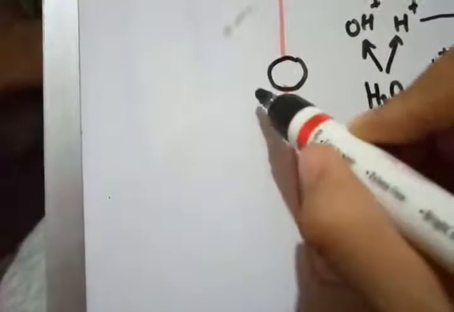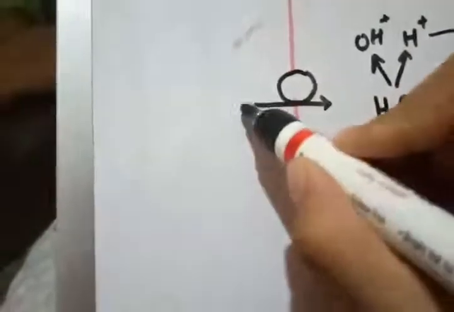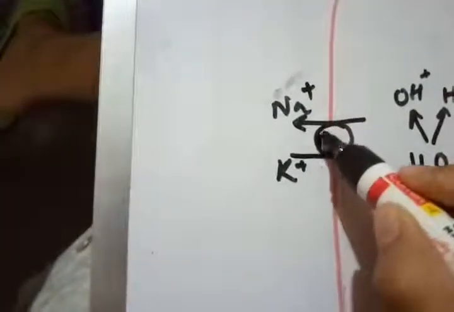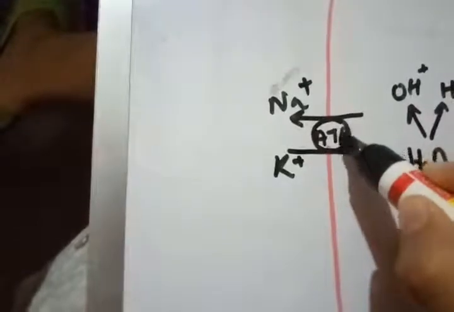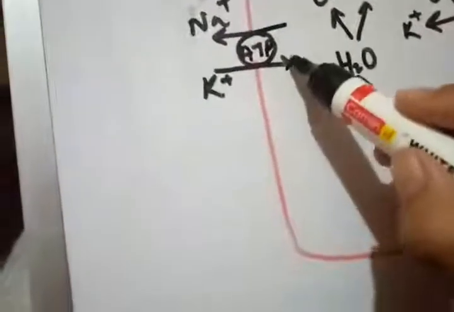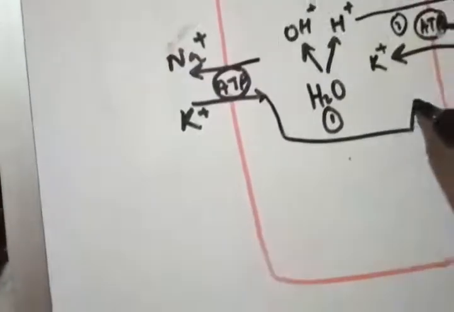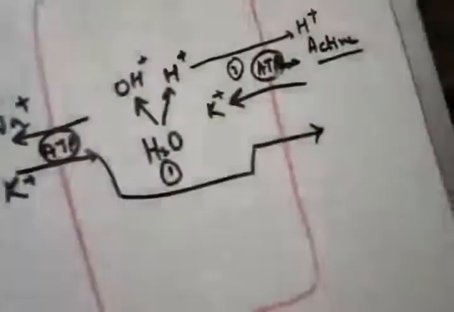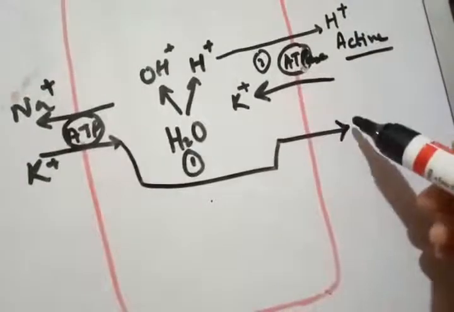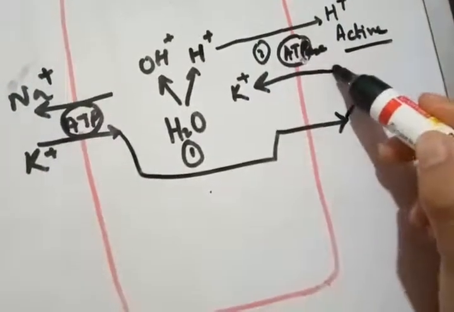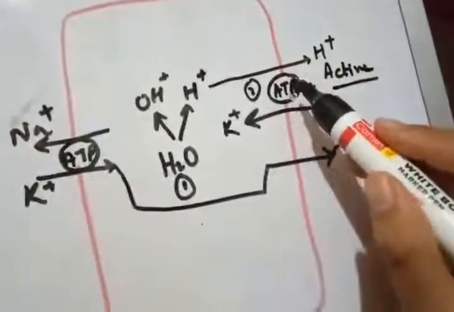So here the potassium will come in, and the sodium will go out, and this is done by ATP, of course. But this potassium will go out of the lumen, but it will again be reabsorbed during this pump.